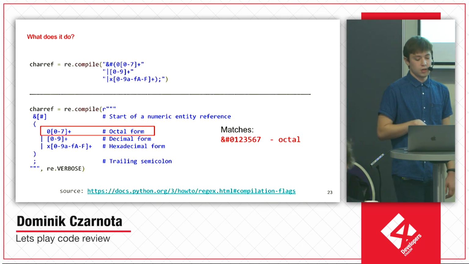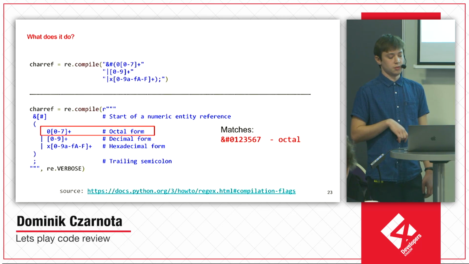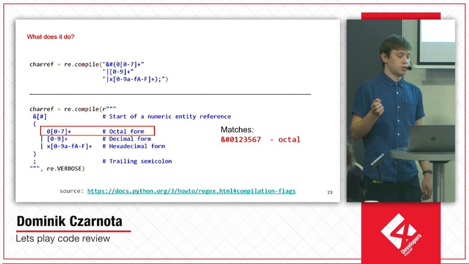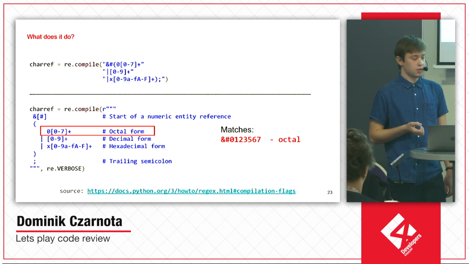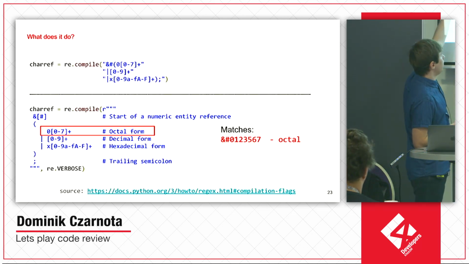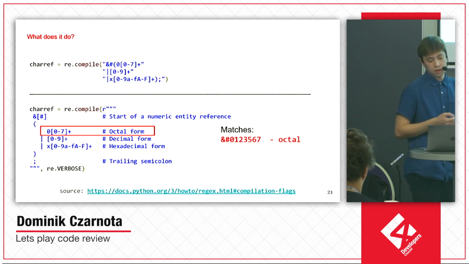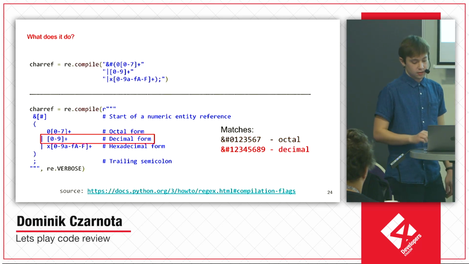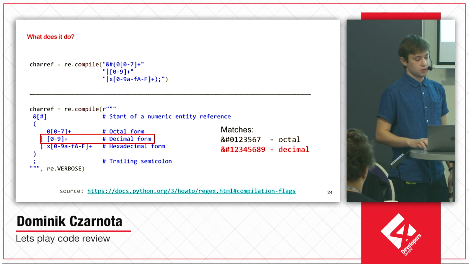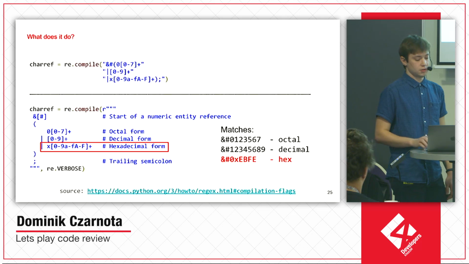So this regex actually is there to match some kind of character reference, or actually number reference expression. For example, this first line will match octal numbers like this. There is a prefix that must be there. The second line will be there for decimal numbers, and the third one would be for hex numbers.